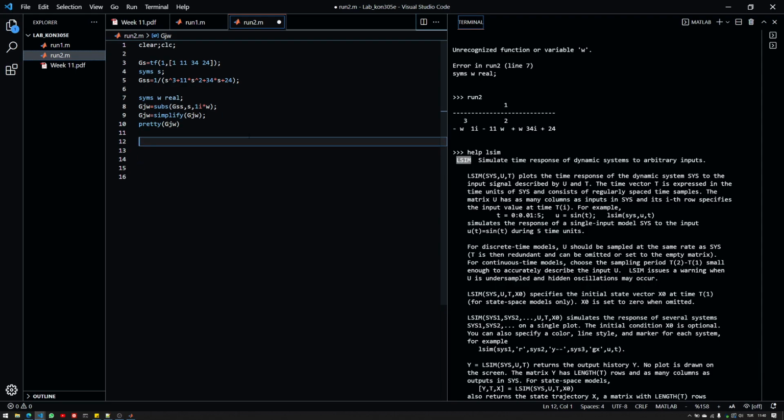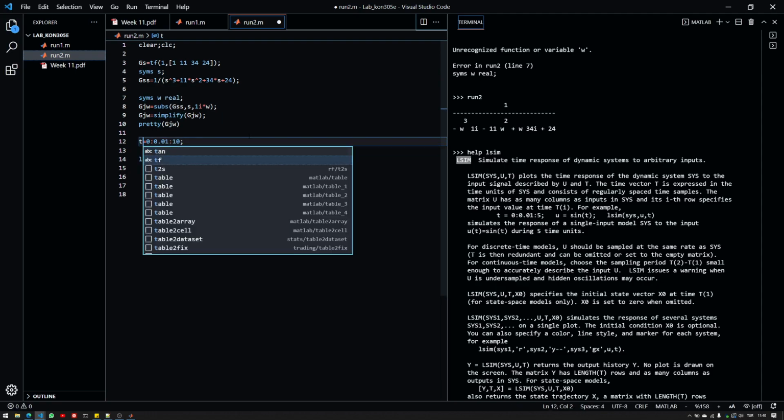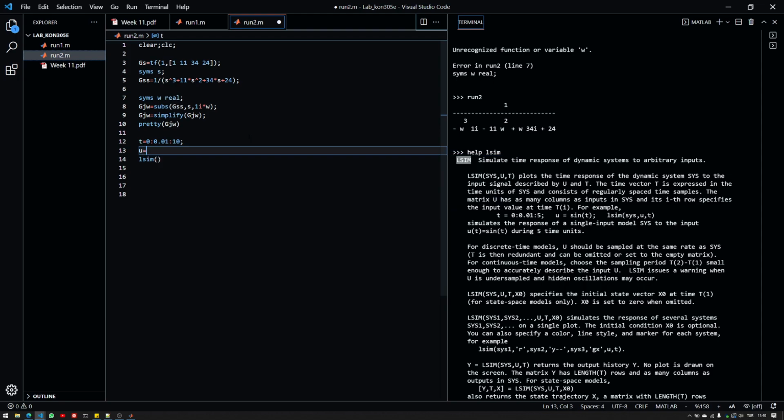So let's use lsim. In order to use this, we need a time vector. Let's have 0.01 up to 10 seconds for some reason. And yeah, this is not y, this is t. Let's also generate an input, and let's generate a sine, 2 times pi times the frequency, let's say f times t here.